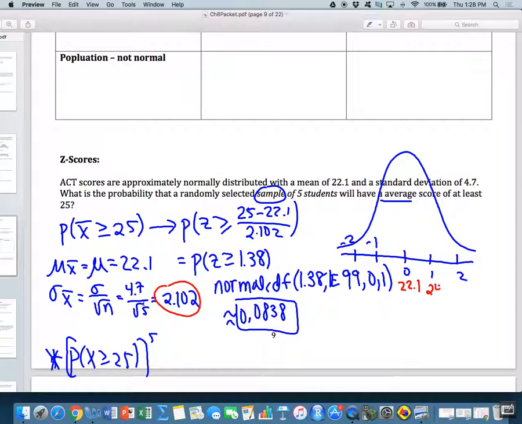So that's going to be 24.2, 26.3, and so on. So 25 falls about here, and that's a z-score of 1.38. And I'm looking for everything above that. Remember that I want you to draw a picture to make sure that your answer makes sense. So our answer is 0.08. That figure looks like about 8%.